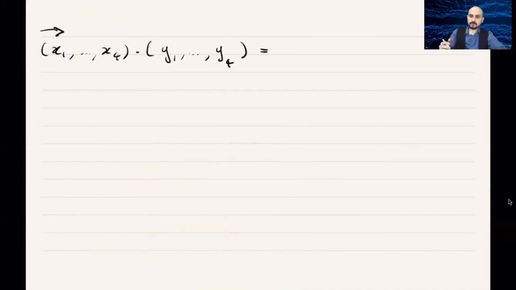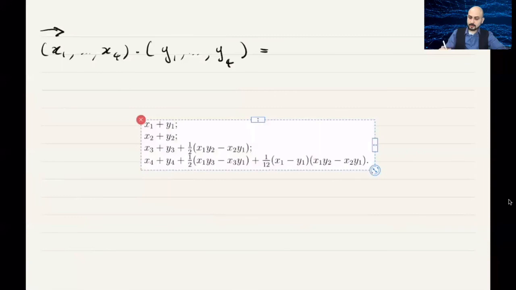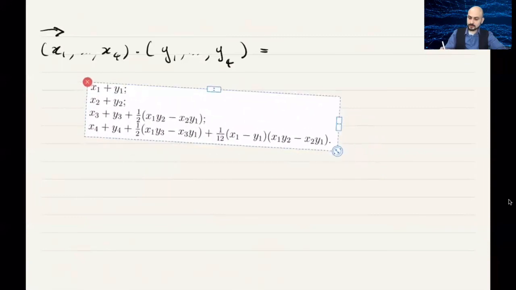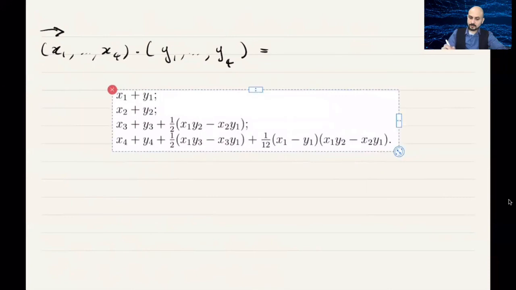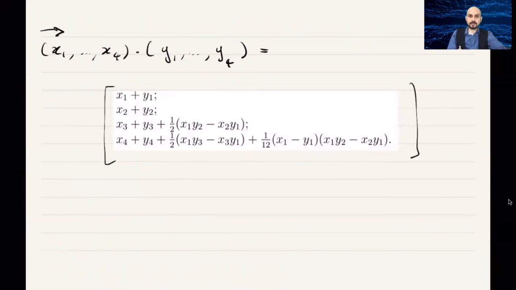Okay, I will spare you the calculation. The solution is this. This is the 4-vector giving the coordinate expression for the angle group.